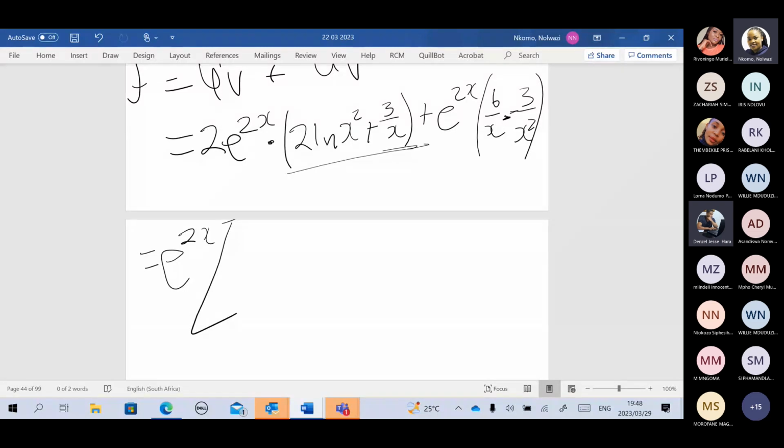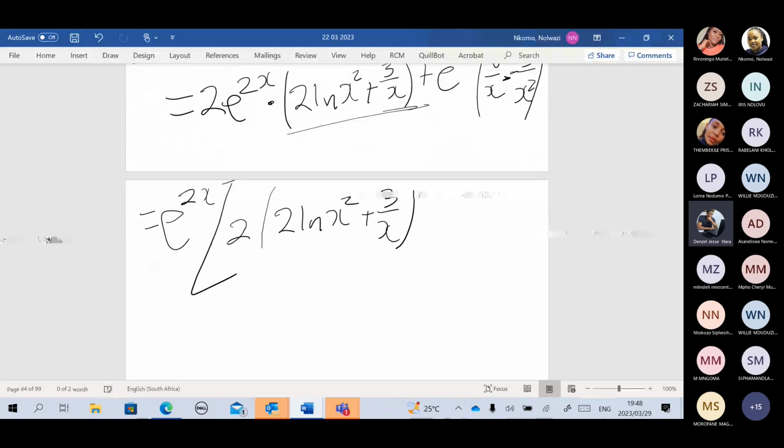I take out e to the power 2x there, I'll be left with plus that bracket, which is 6 over x minus 3 over x squared, right?